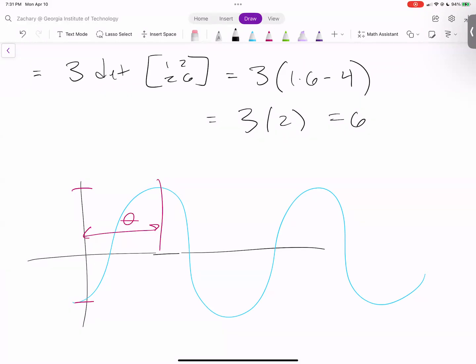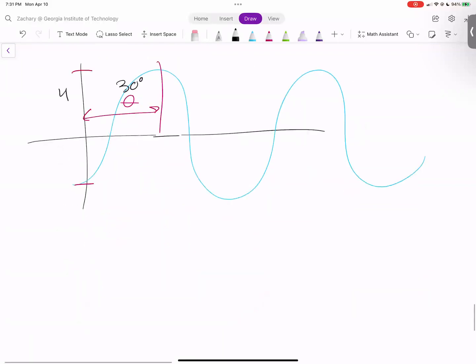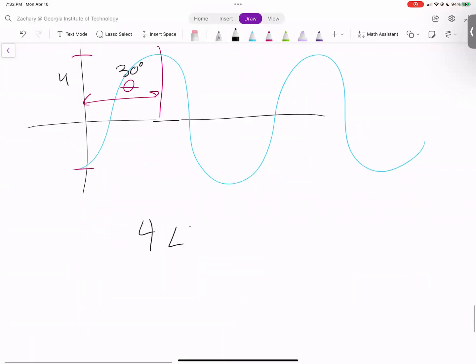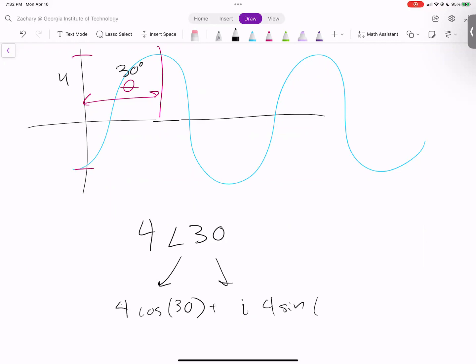The way we like to write this in engineering is, say this magnitude is 4 and the angle is 30 degrees, we write this as 4 angled theta. 4 angle 30. We can rewrite this as 4 cosine of 30 plus i 4 sine of 30. We use i because i tells us that there's a phase, some kind of difference in rotation, angle, anything like that.